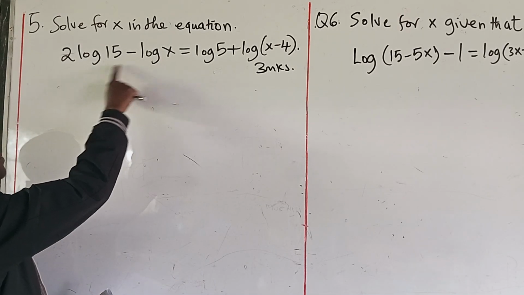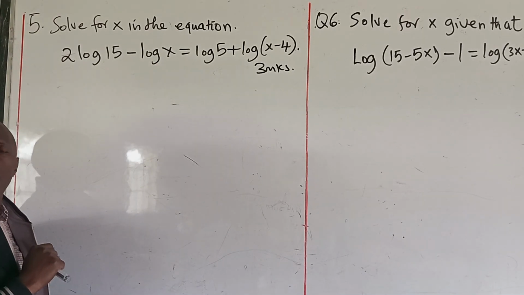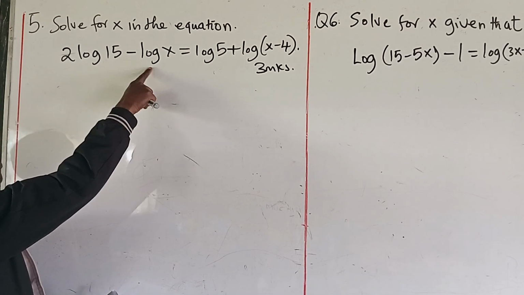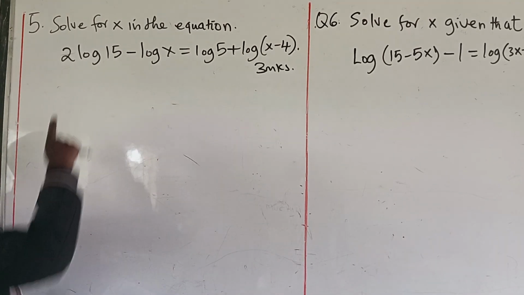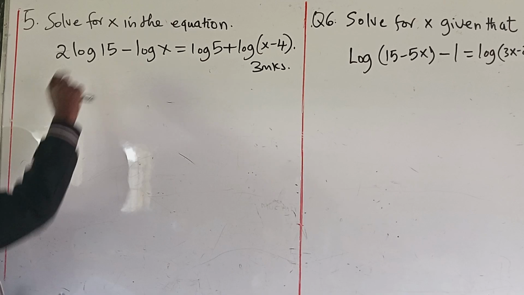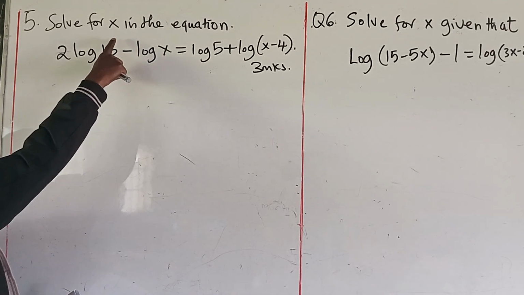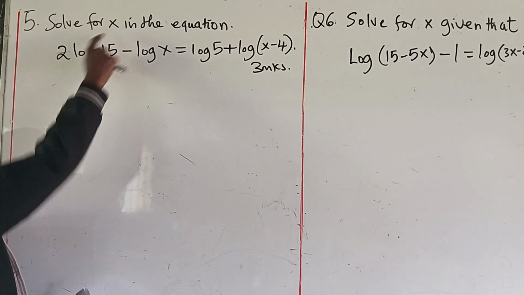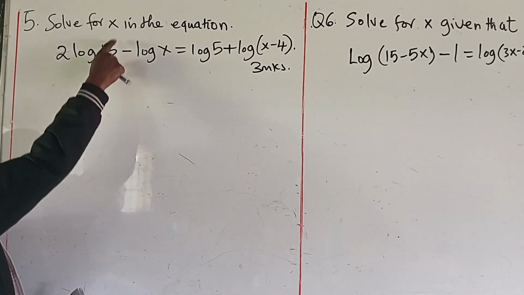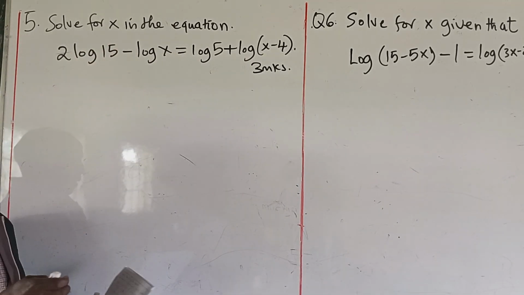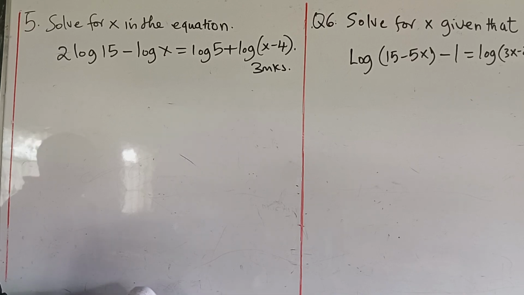When the logarithms are being subtracted, the numbers will be divided. And then there is this part here which is tied partly to the law of logarithms that involves the index, the power 2. So we shall look at that in a very short way.